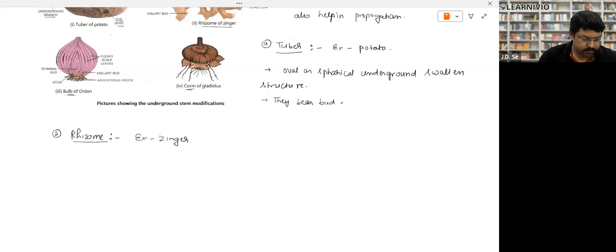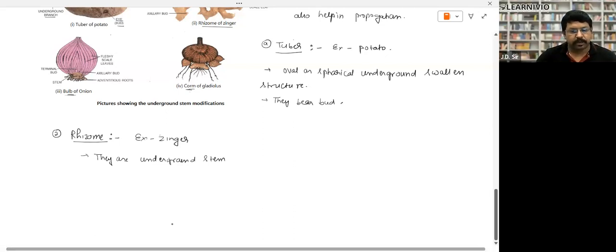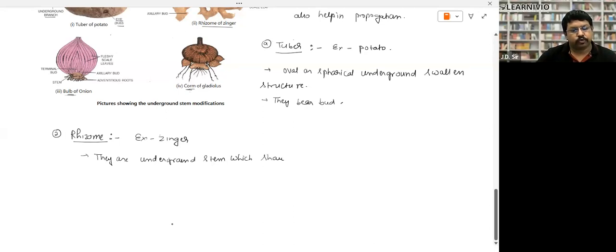They are underground stems which show continuous growth, right?